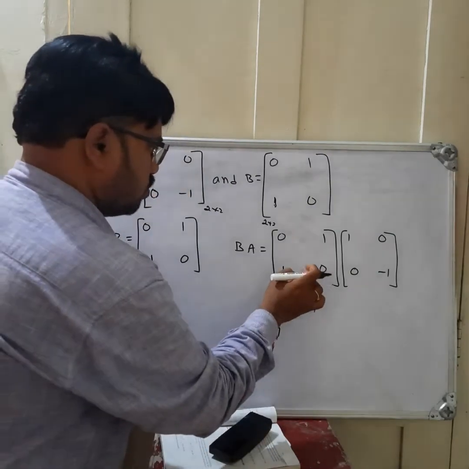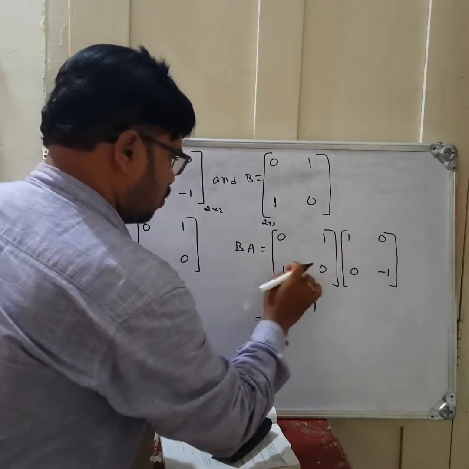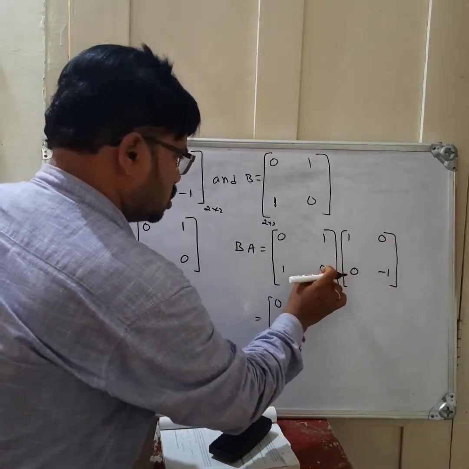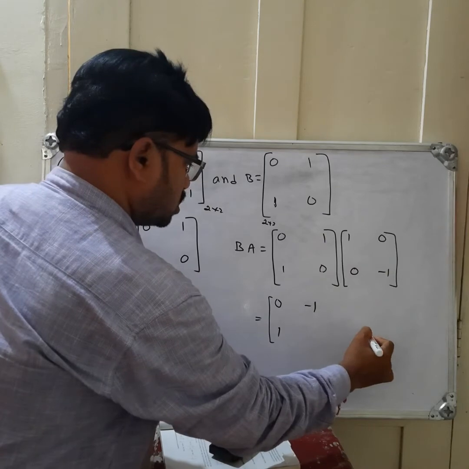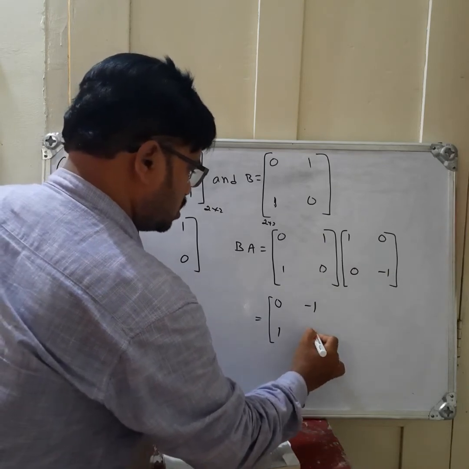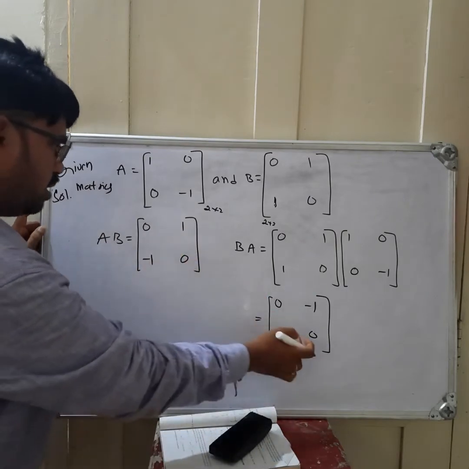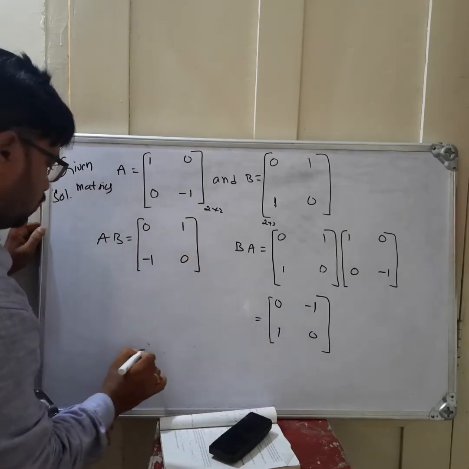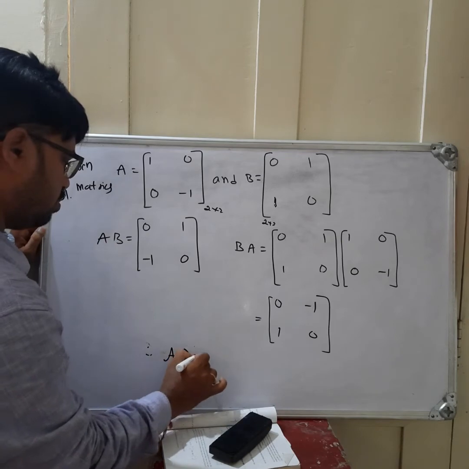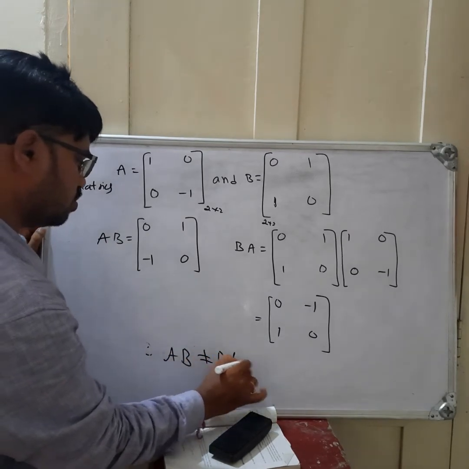Next this row and this column, 1 into 0, 0, plus 0 into minus 1, 0. So 0 plus 0, the value is 0. See here, this AB matrix and BA matrix both are different, therefore AB is not equal to BA.